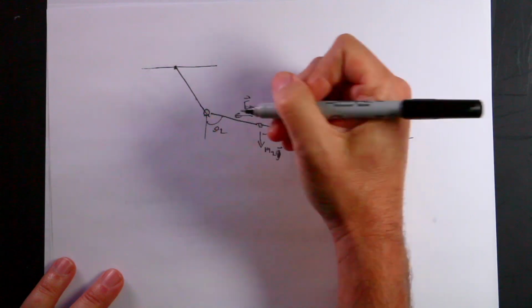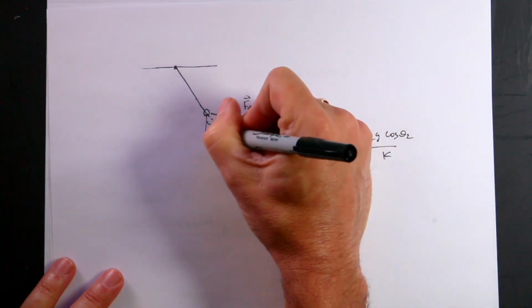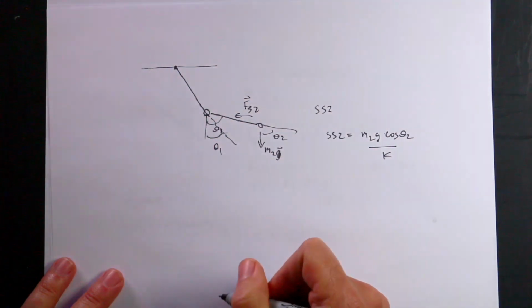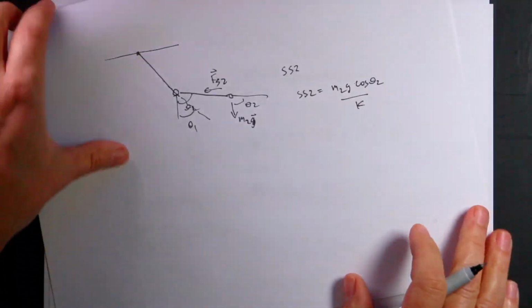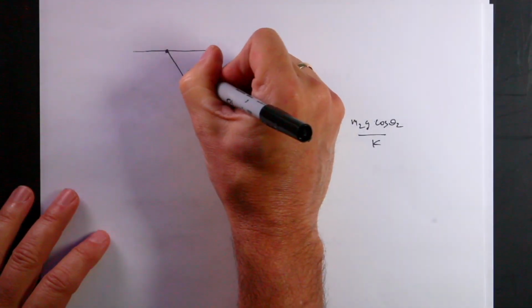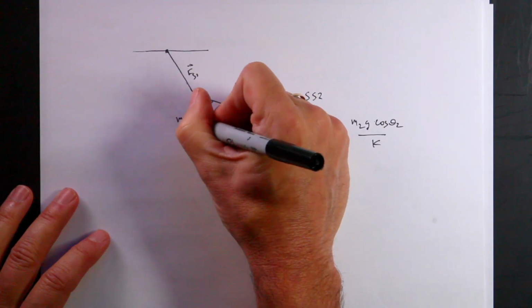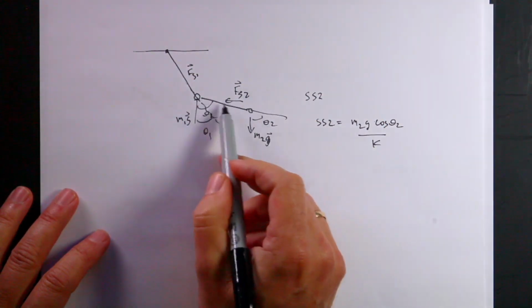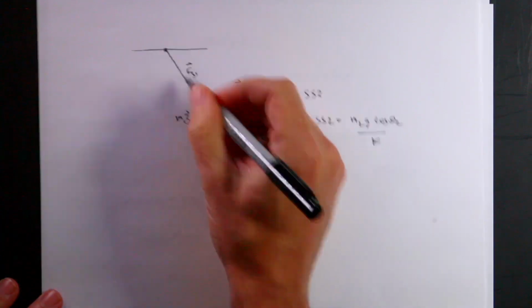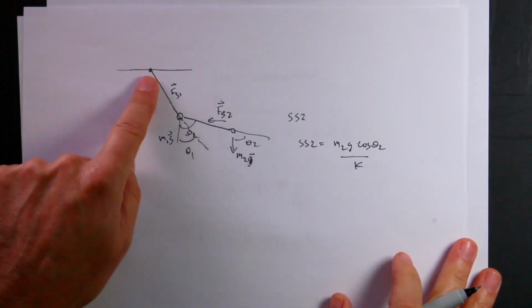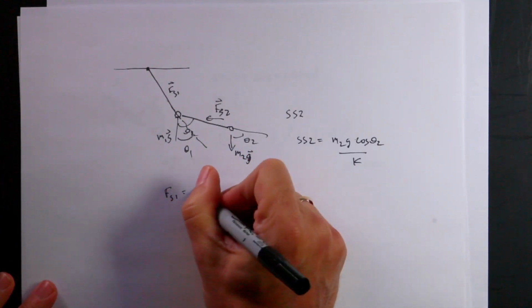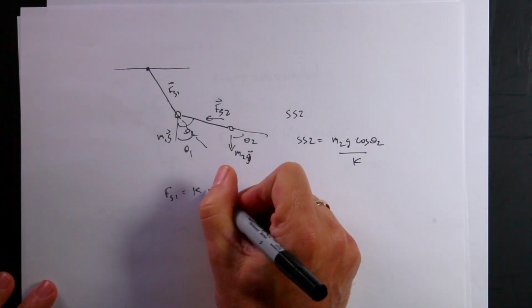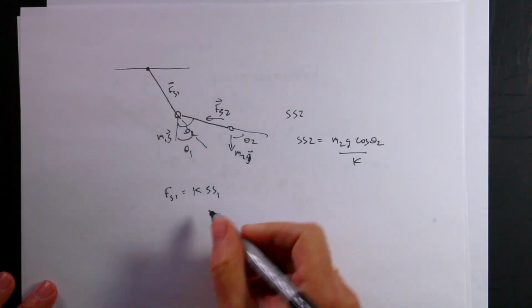So here is this. This is going to be theta 1, and I want the forces in the theta 1 direction to be constant. I have FS1, I have M1G, and then I have that other force right there, FS2. In the theta direction, I have two forces pulling this way and one that way. So I have FS1, which is going to be K times SS1, that's the spring force.